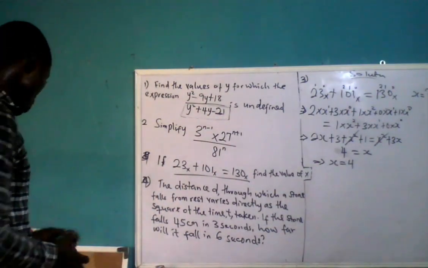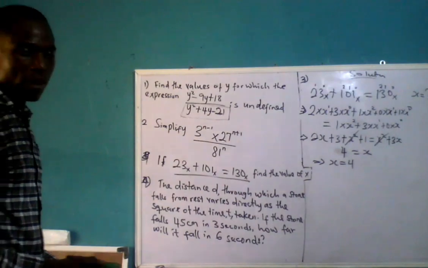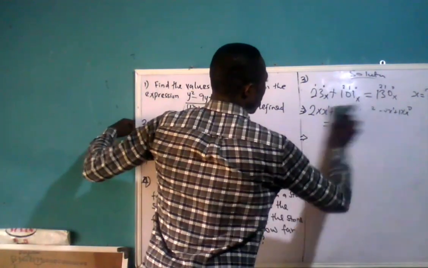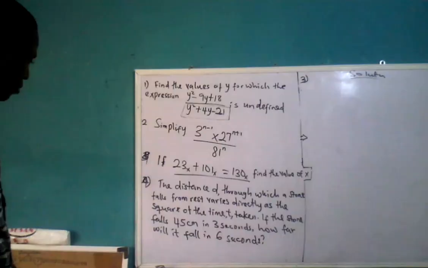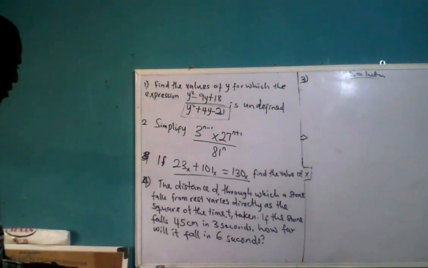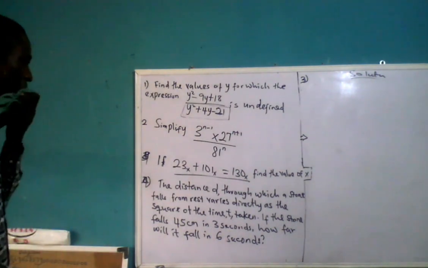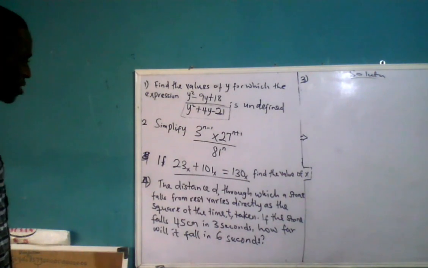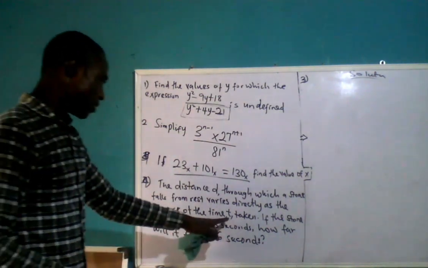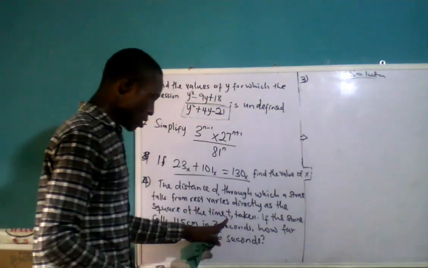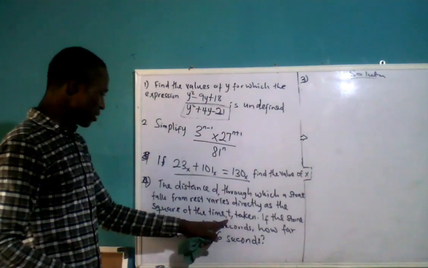Now let's look at question number 4. We are told that the distance d through which a stone falls from rest varies directly as the square of the time t. Let's stop and interpret it.